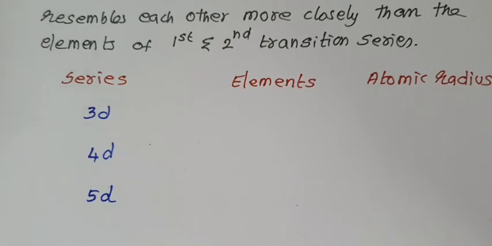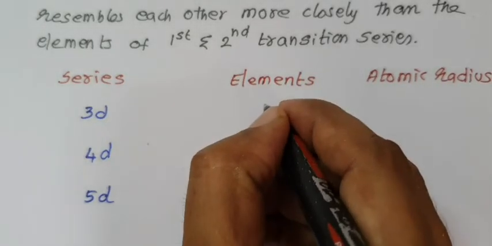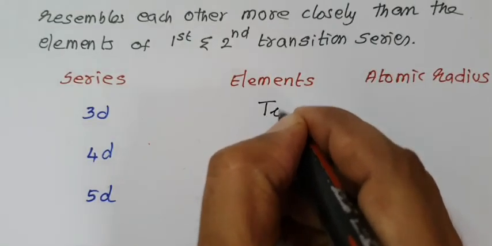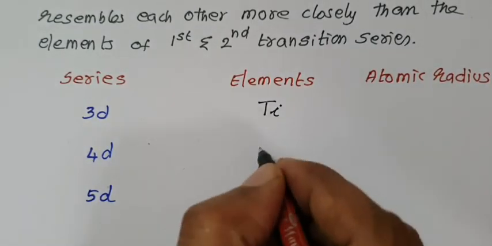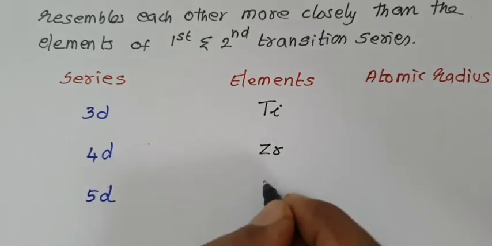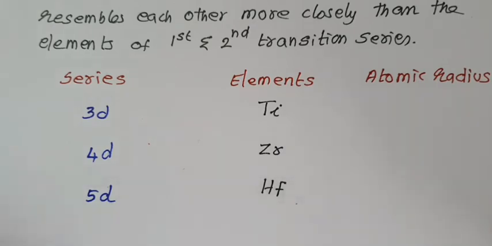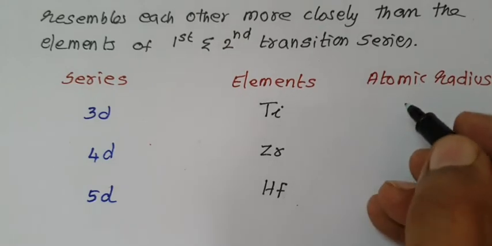The example of elements taken here is titanium from 3d series, zirconium from 4d series and hafnium from 5d series. See the atomic radius value and you will definitely understand the similarities of second and third transition series.